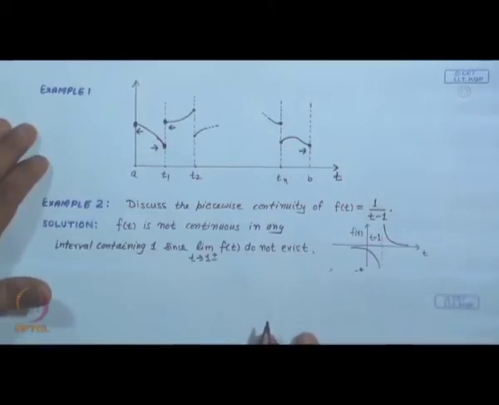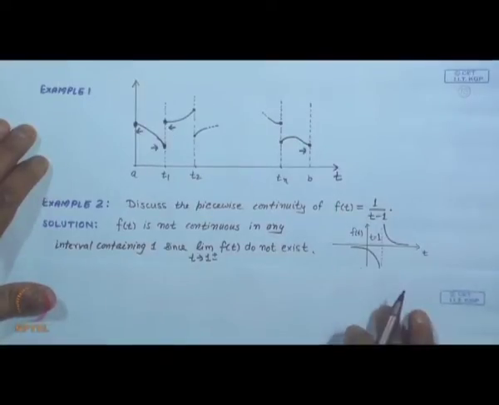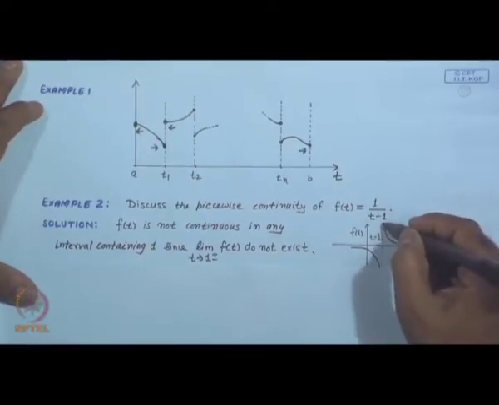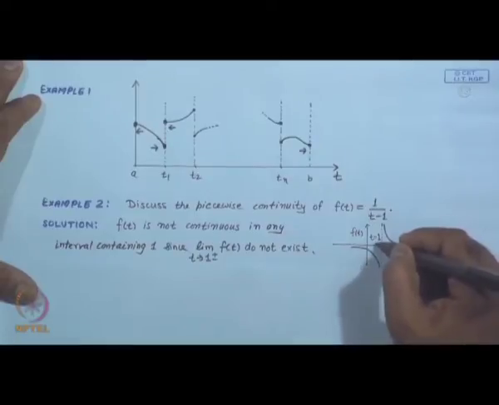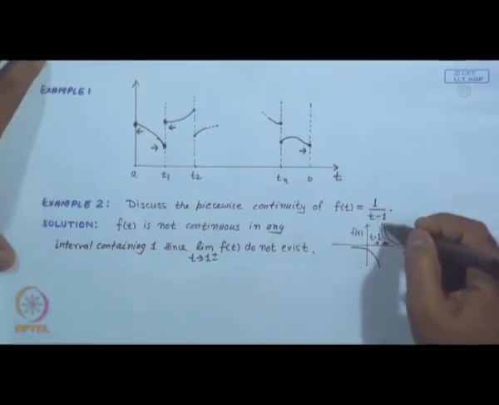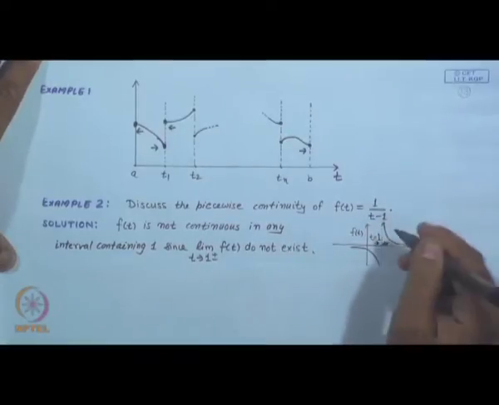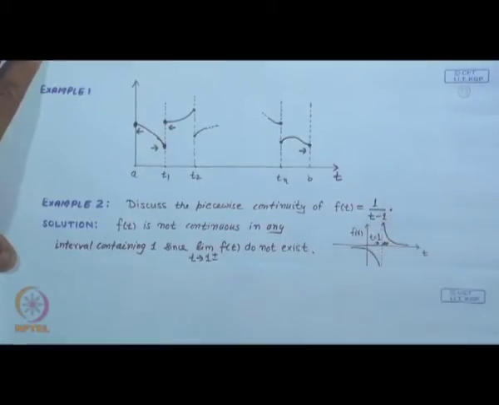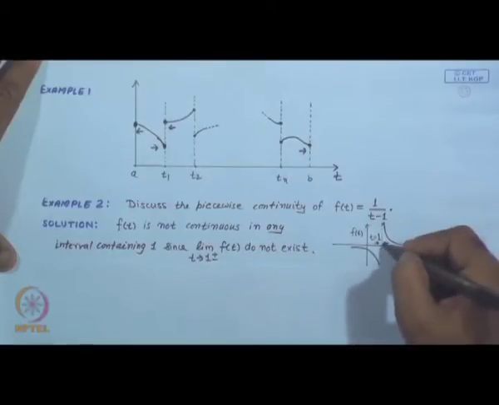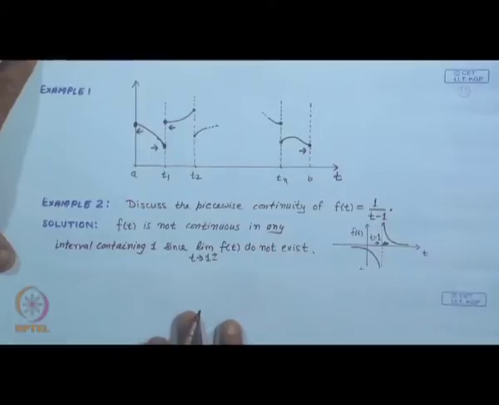If we take a look at the plot here, as t approaches 1 from the left side or from the right side, the limit does not exist. So the function 1 over t minus 1 is not piecewise continuous in any interval which contains this 1. So this function is not piecewise continuous.